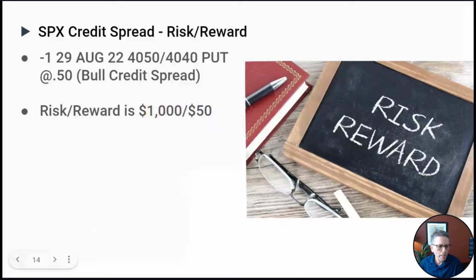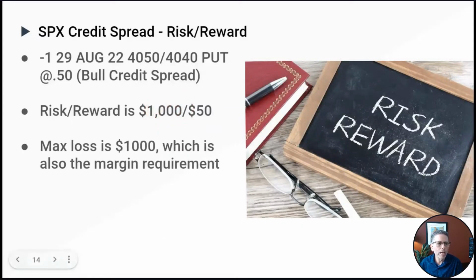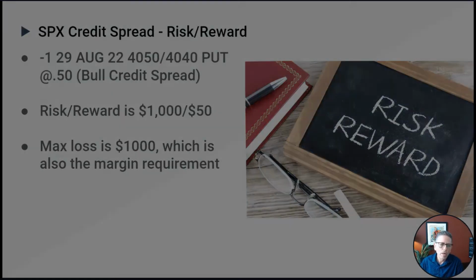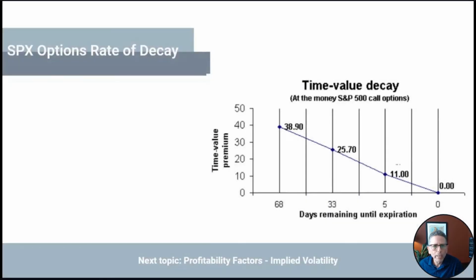Basically a max loss is $1,000 minus the credit received, and that is what you're looking at in this trade. $50, putting up $1,000 to make $50. A lot of people don't like that, but if you don't like it, then trade something else. This is how it is, and you can't fight it.